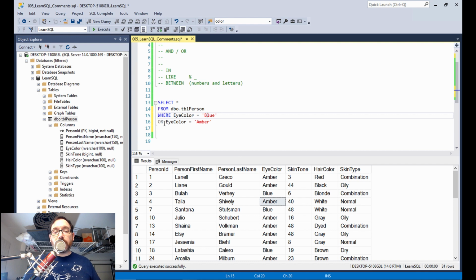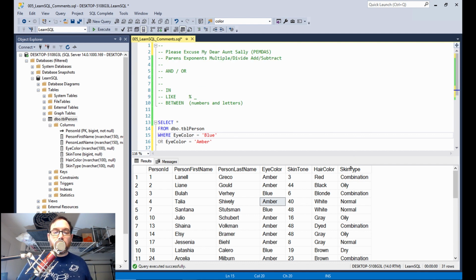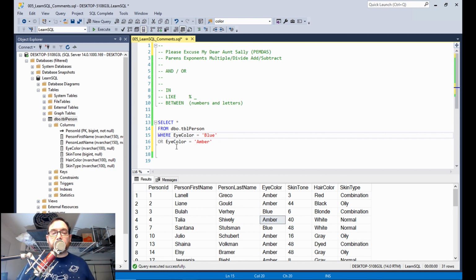If instead of using or we used and, because if we say where iColor is blue and iColor is amber, we won't get anything because those two values cannot inhabit one single cell, one single item at the same time.